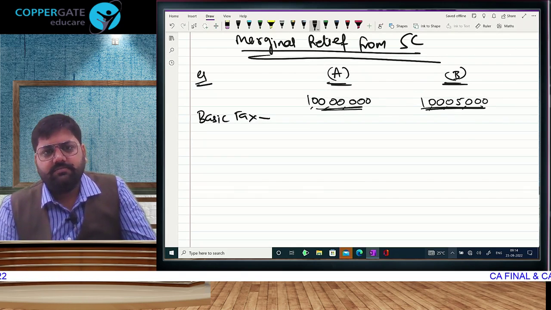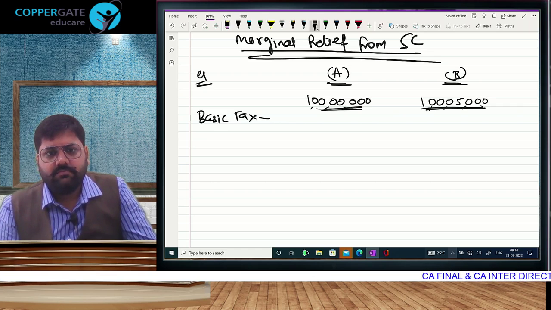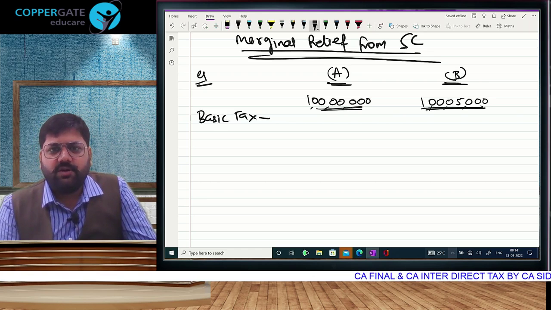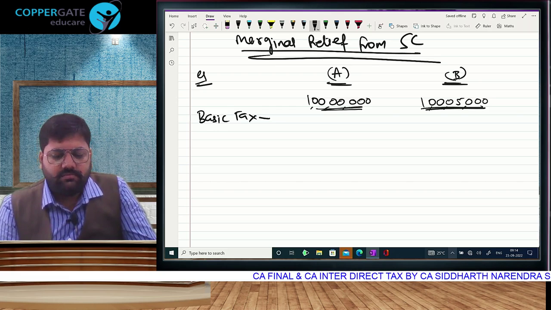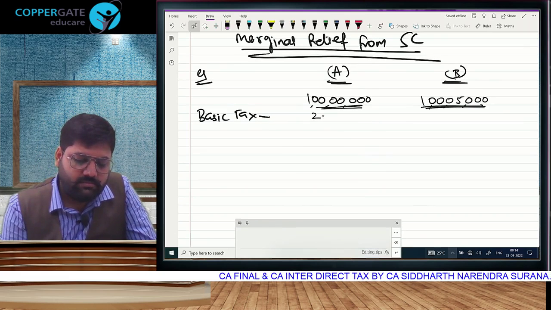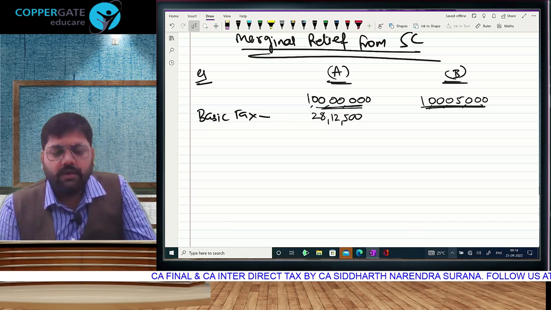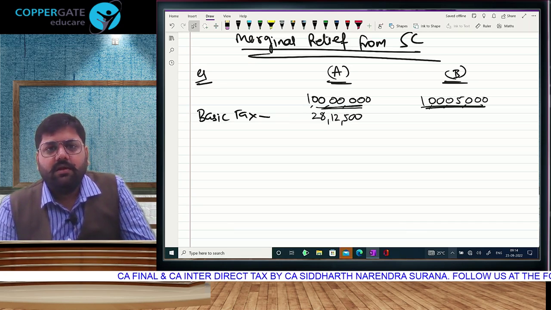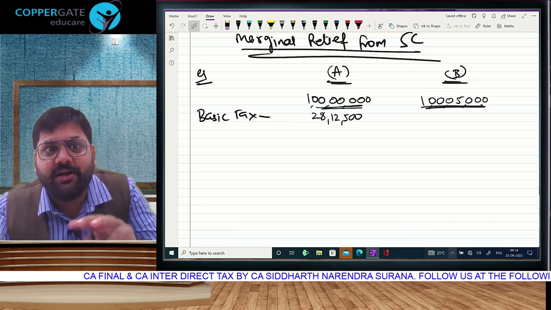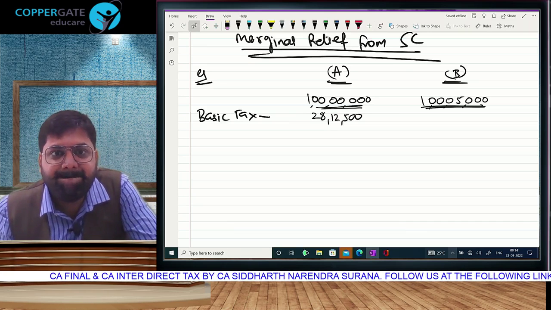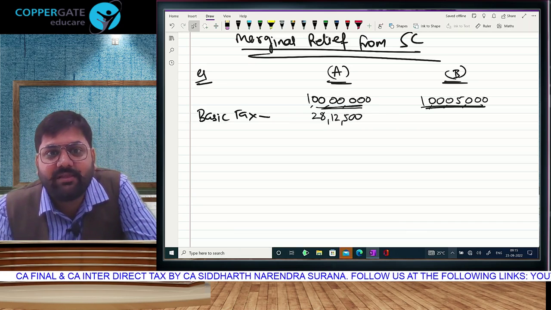Case 1. And when age is not given, it means normal citizen, not a senior citizen. 28 lakh 12,500. 30% of 90 lakhs is 27 lakhs plus 1 lakh 12,500.